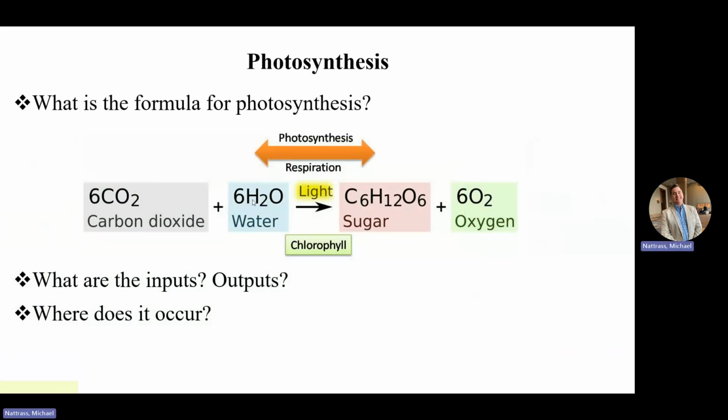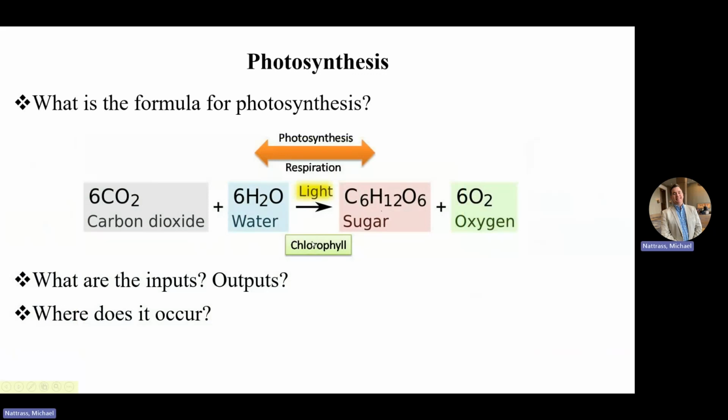So we have carbon dioxide, we have water from the soil going up the xylem, and inside of that leaf, we need chlorophyll. One of the most important portions of this is chlorophyll, because if we were to take carbon dioxide and add water or carbonated water and just put it out in the sun, we wouldn't get a glucose molecule.